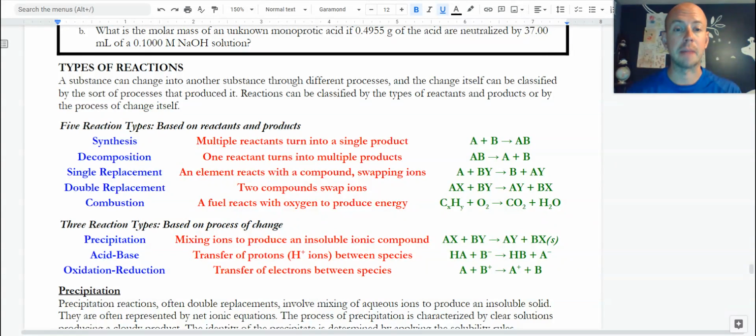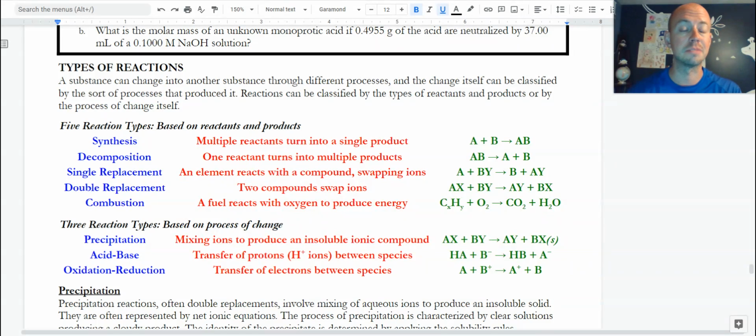We've got a new thing by itself and then a new compound. And an important piece right here is that element by itself, maybe it's magnesium or copper or calcium, that is the neutral metal. So it's not going to have a charge. But when it's in the compound, it has the charge. So in this, we're gaining and losing electrons as we swap our ions.